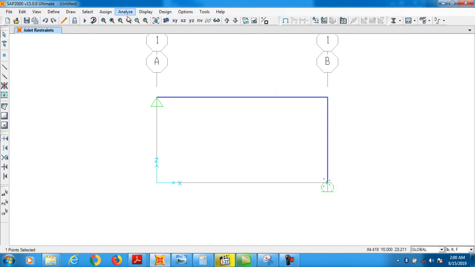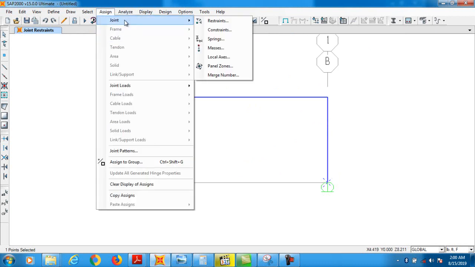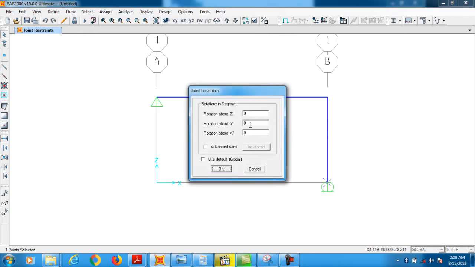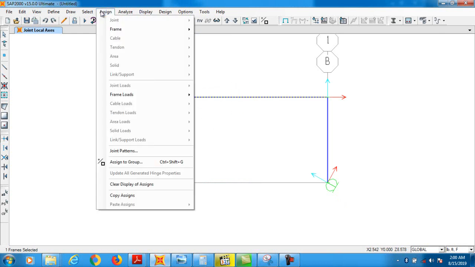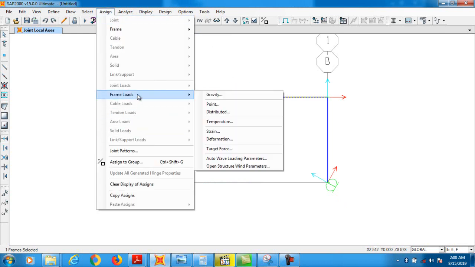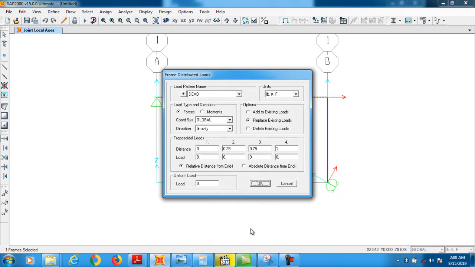Select it, assign, joint, local axis, and the rotation is about the y-axis as usual, 60 degrees with a negative sign. Now assign the loading: frame loading, distributed loading.